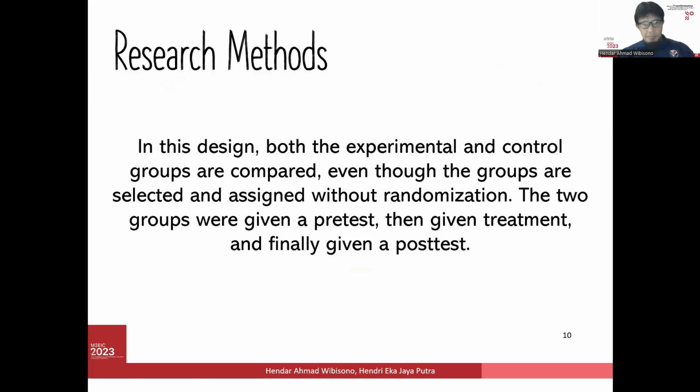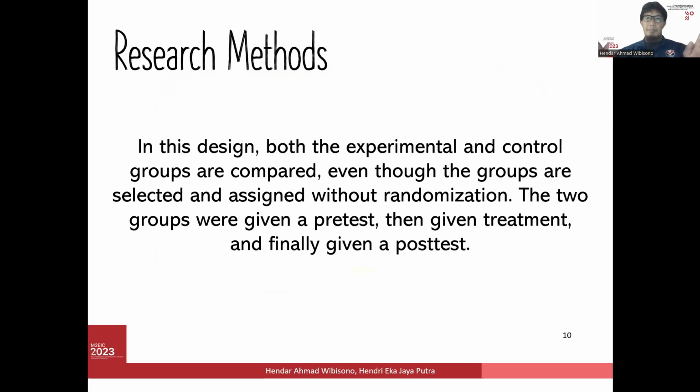In this design, both the experiment and control group are compared even though the groups are selected and assigned without randomization. The two groups were given a pretest, then given treatment, and finally given a post-test. So we compare the two groups, both the experimental and control group.